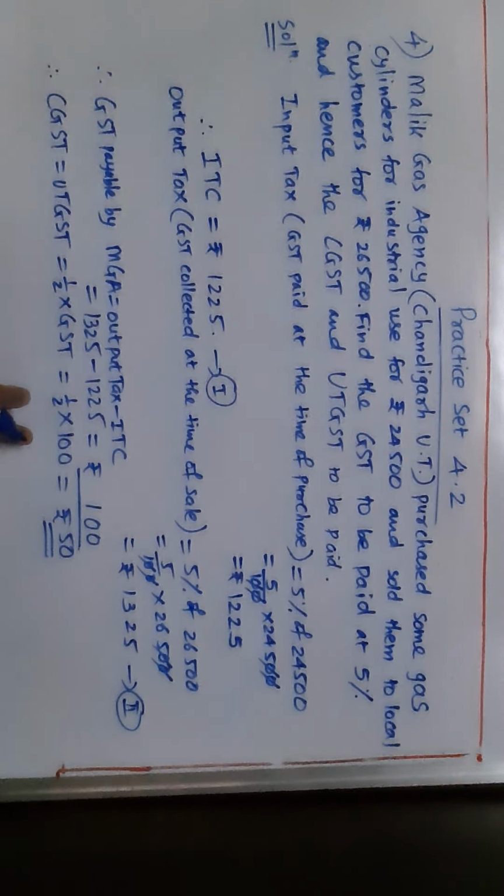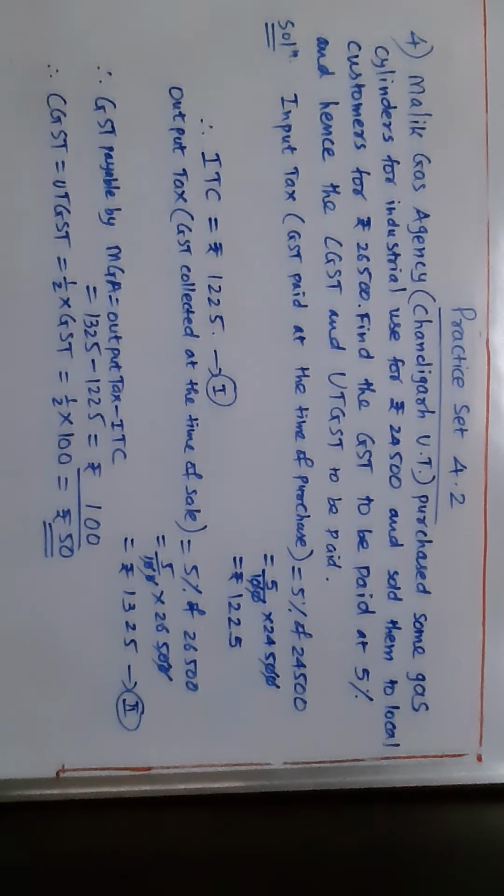So we have to understand the concept of input tax and output tax in this entire exercise. The chapter is very simple and interesting also. Now we were to do sum number five, but I think we will not be able to do it because this video is already getting over. It will not be possible for me to continue.